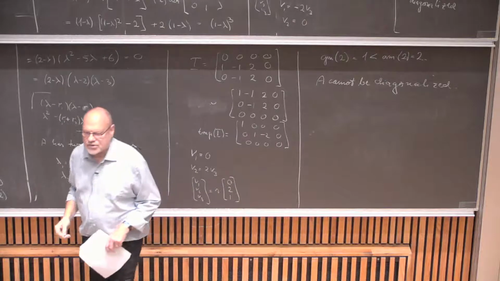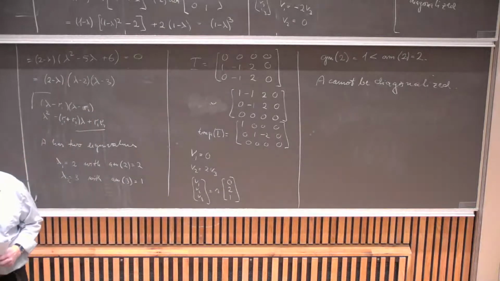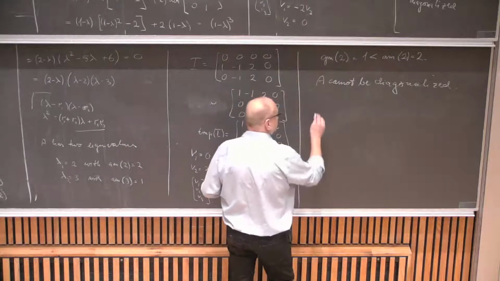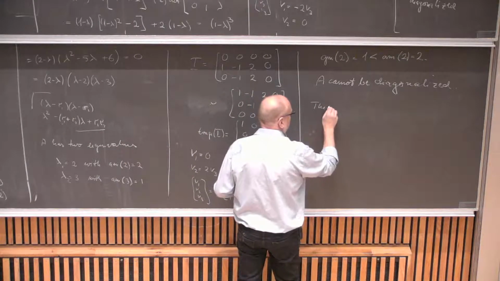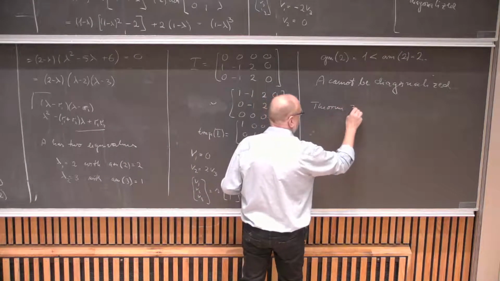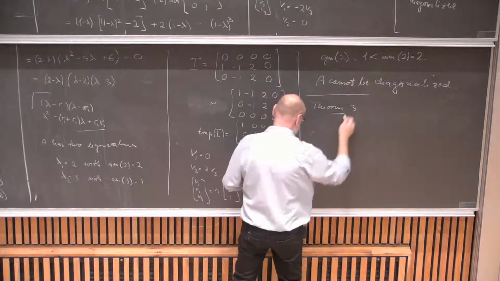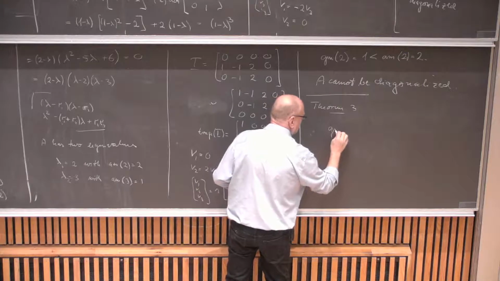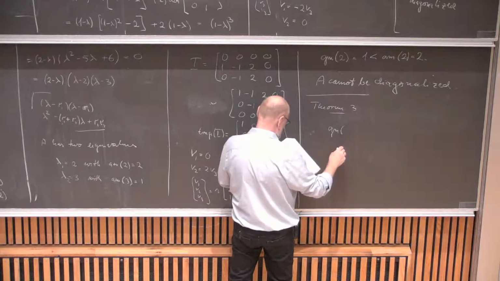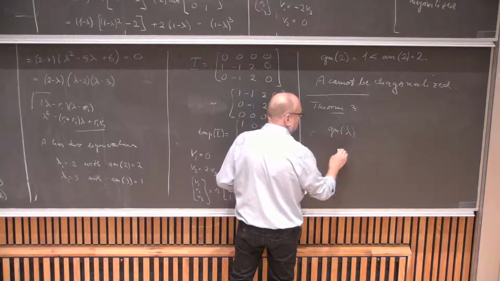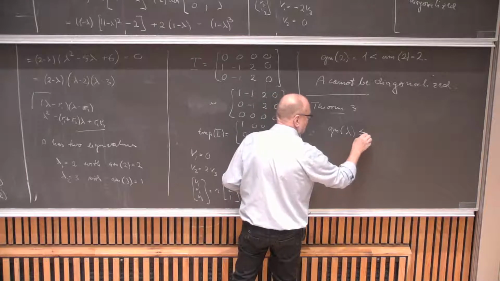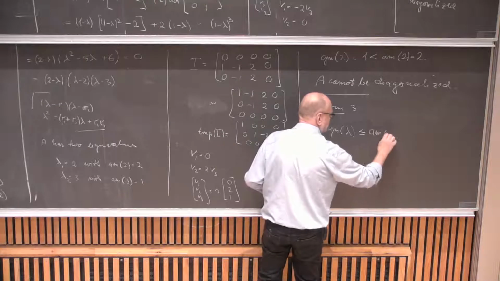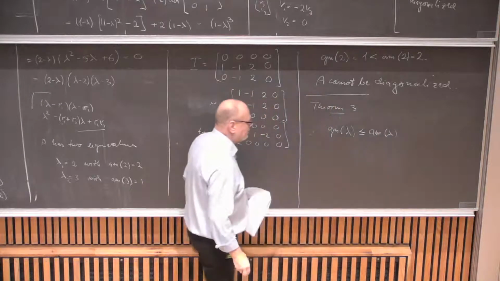And I will sum this up into two theorems. Theorem 3. It says that the geometric multiplicity of an eigenvalue is less than or equal to the algebraic multiplicity of this eigenvalue.